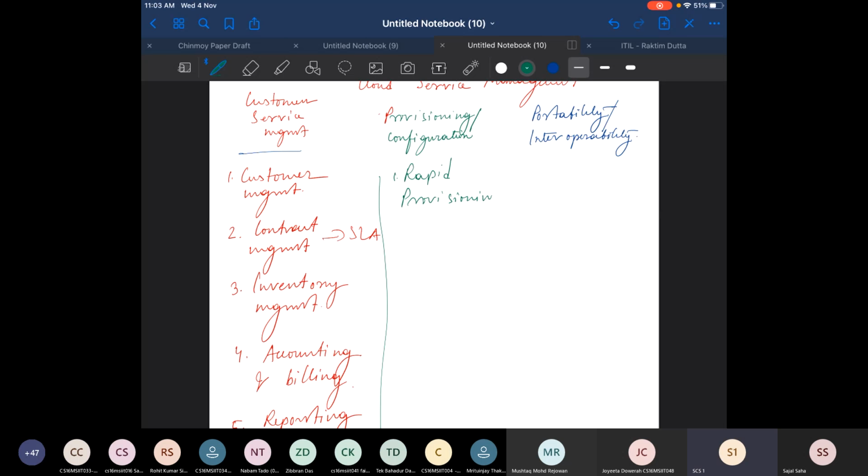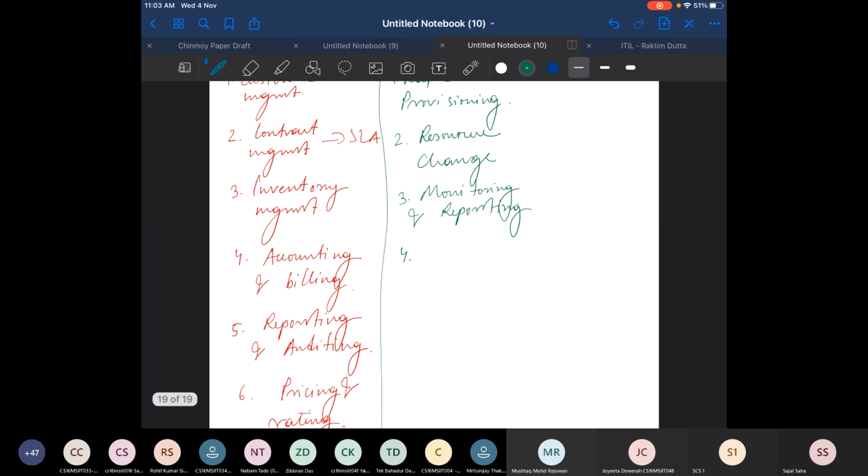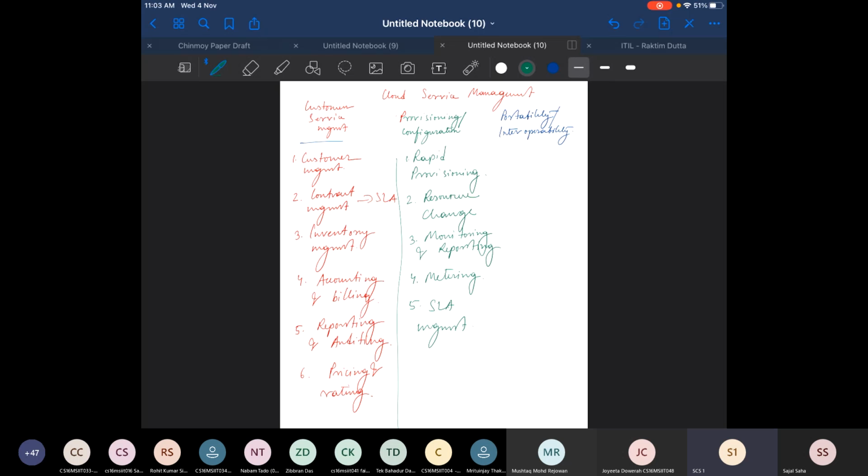Then resource change, monitoring and reporting, metering, SLA management.